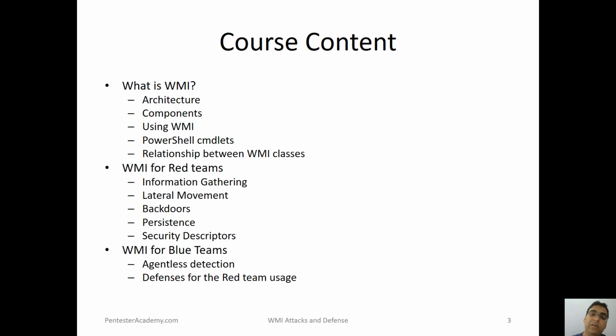So once we are done with using WMI with PowerShell cmdlets and other utilities, we will move on to relationships between WMI classes, how we can spot and use relationships between WMI classes to extract much more interesting information.